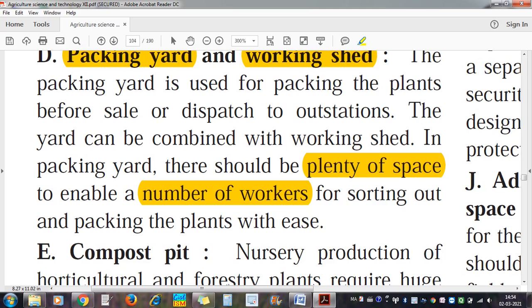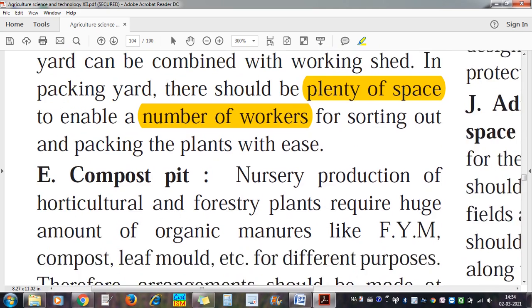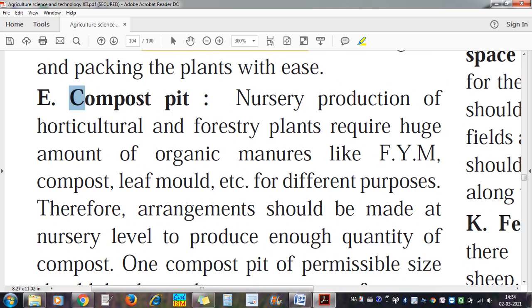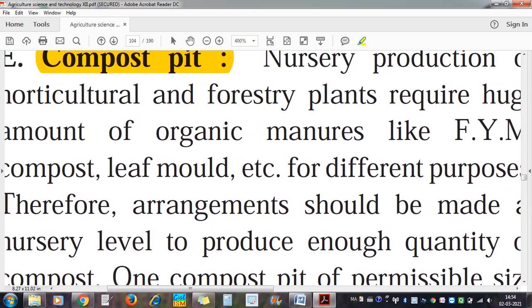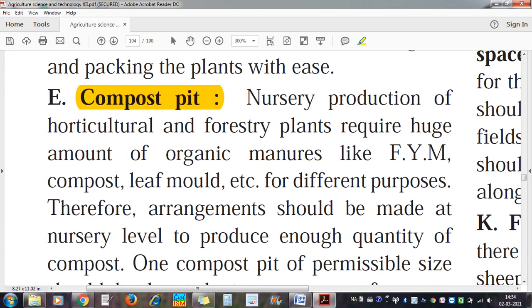Then another, it is a compost pit. In this case of compost pit, this is important because it should be a little bit away from the seedlings, but it is important for production of horticultural plants, forest plants, and all these things.